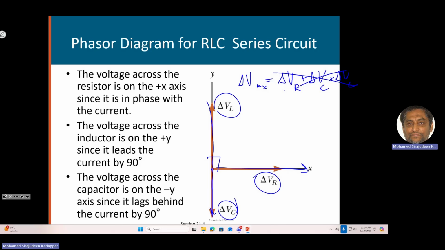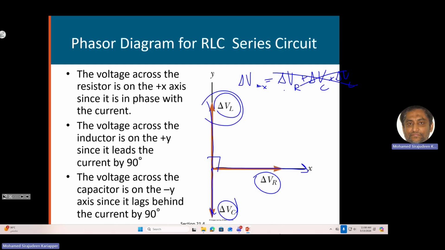So I can see that the phasors for the inductor and the capacitor voltage will be along the y-axis. Now we can add like we add vectors to get the maximum value of the total voltage. So you know how to add vectors.